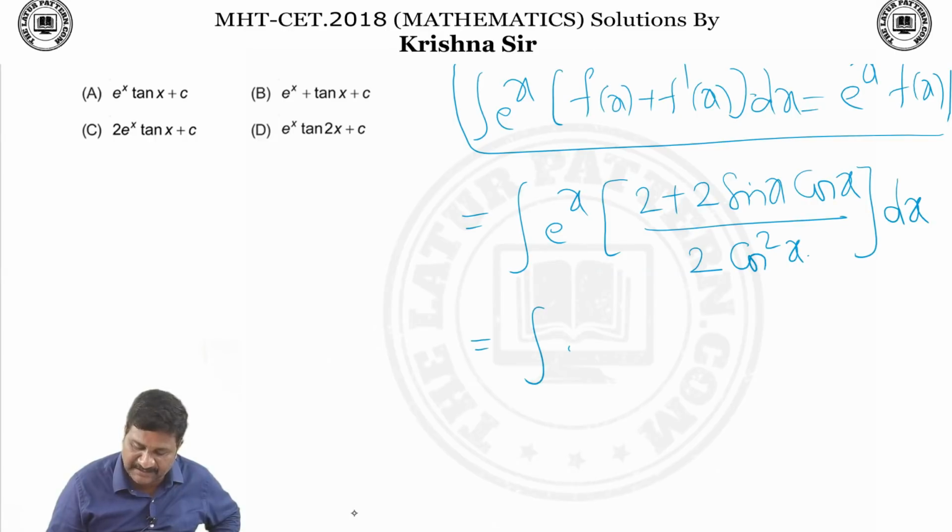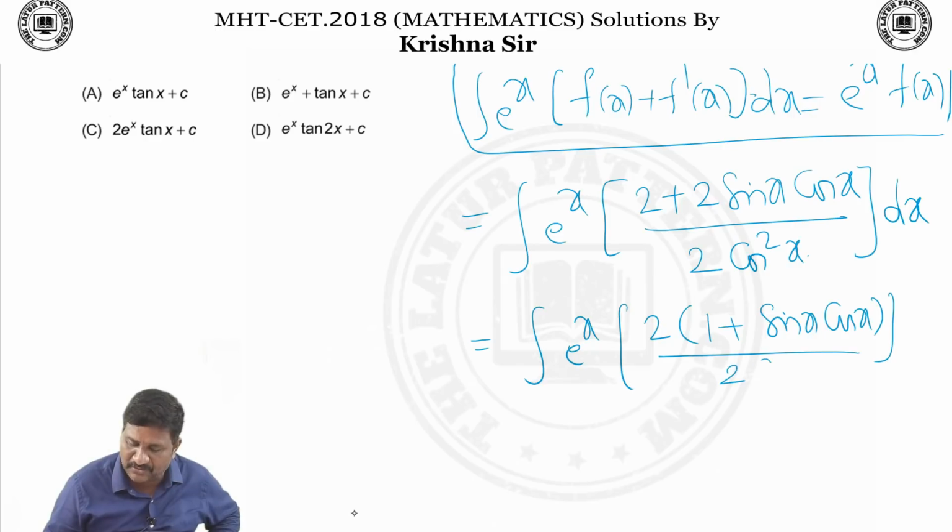Now e power x into, in the numerator 2 is common, so (1 plus sine x cos x) upon 2 cos square x dx.